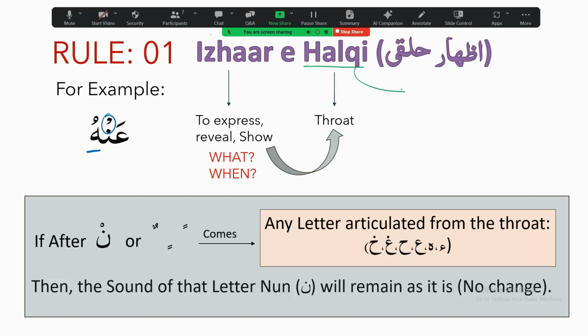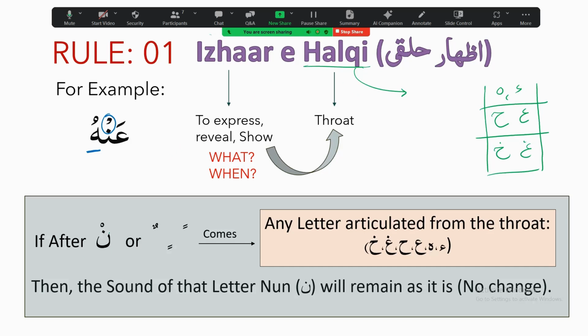So in Tajweed, there are 6 letters of the throat. We did these 6 letters of the throat when we were covering the letters, right? So this rule has something to do with the halq, which means the letters of the throat. Let's see what the rule says.